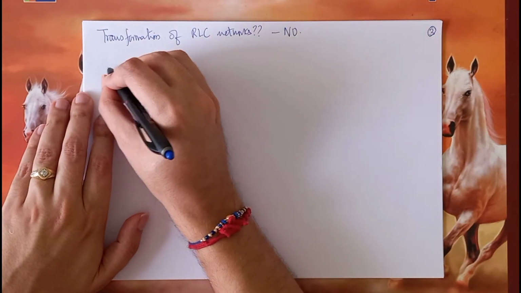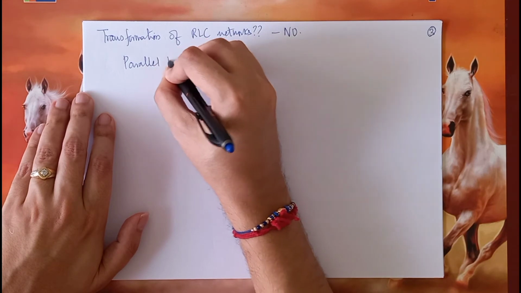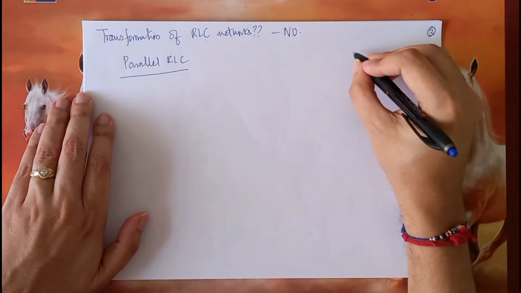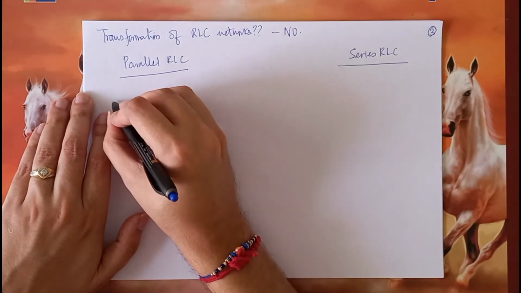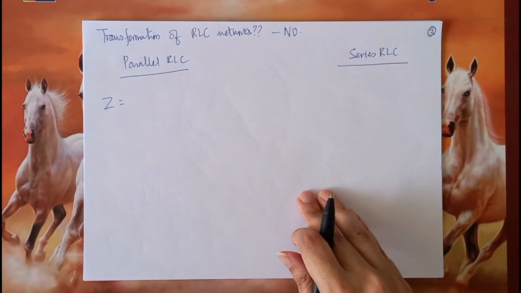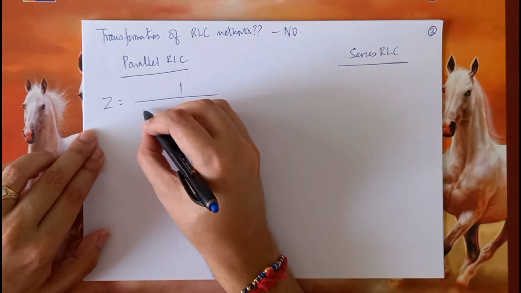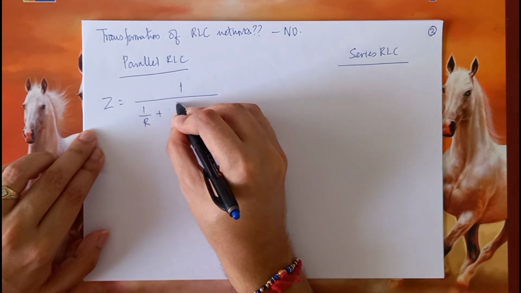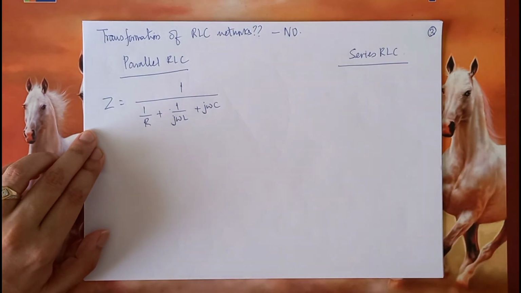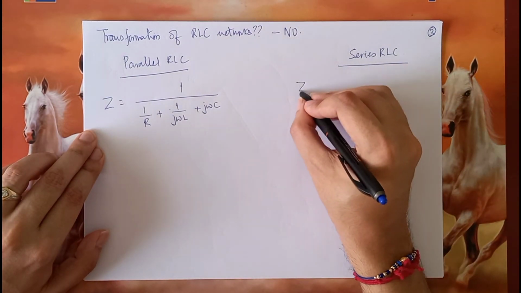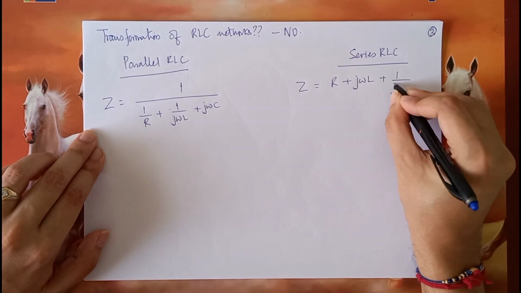Because as we said, in case of a parallel RLC the net impedance is nothing but 1 by this, and in case of a series RLC, it is R plus j omega L plus 1 by j omega C.